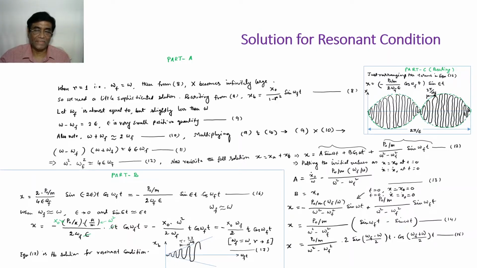It is very visible: when omega and omega_f match, the amplitude of oscillation will increase asymptotically, and that's why it's called the resonant condition. In many mechanical and other structures, resonance is bad because the structure will fail, not because of its strength, but because of the resonant phenomenon.